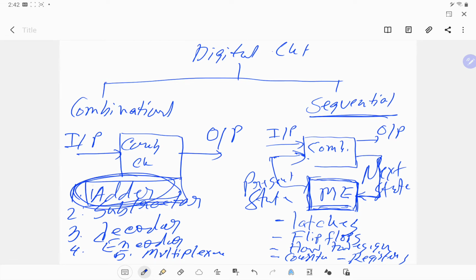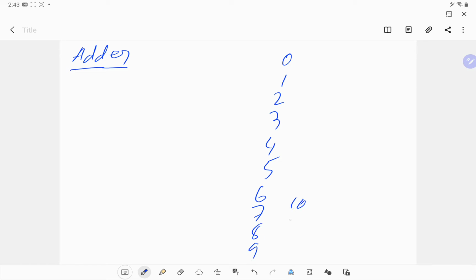We want to start with the adder circuits. Adder circuits add two numbers. In this case, we consider binary numbers. How do we write the decimal numbers, the numbers that we use every day? 0, 1, 2, 3, 4, 5, 6, 7, 8, 9, then 10, 11, 12.